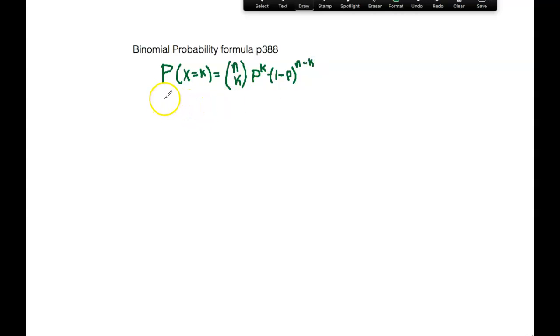Or if we're going to do our formula, probability X equals k is nCk, it's the same thing, times p raised to the k.